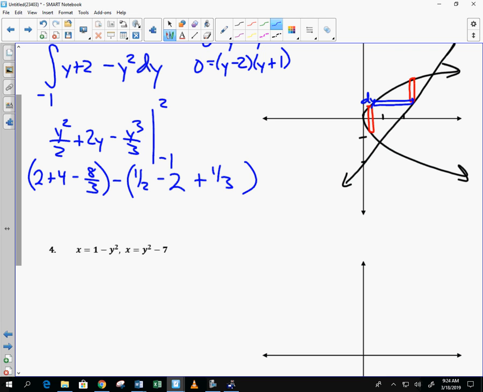So I have 2 plus 4 is 6, minus negative 2, 8. So that's going to get rid of those. And then look at this, this works out kind of nice. Negative 8/3 minus 1/3, negative 9/3 or negative 3. Minus a half. So I get 5 minus 1/2, which is 4.5 or 9/2.